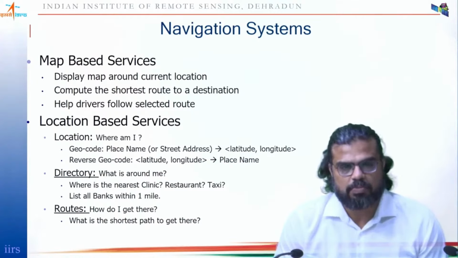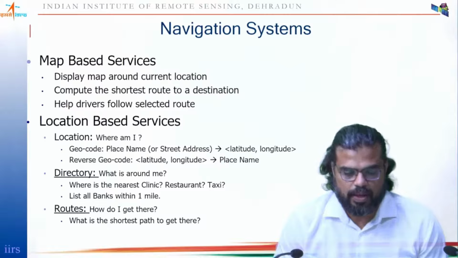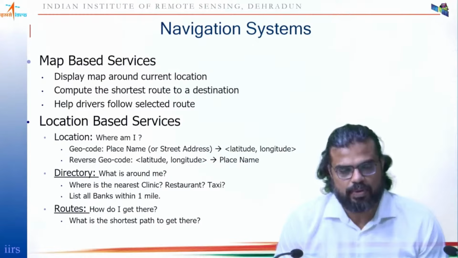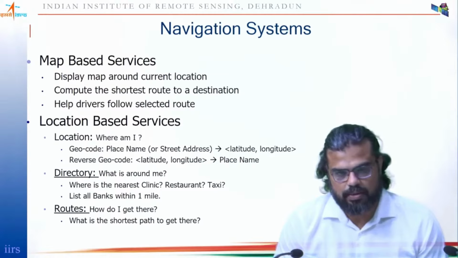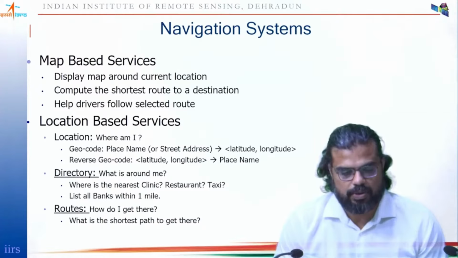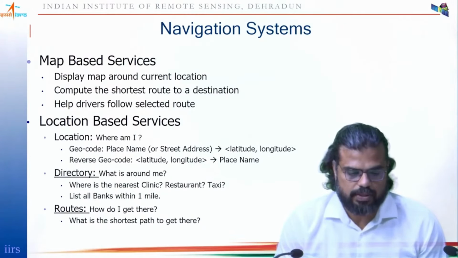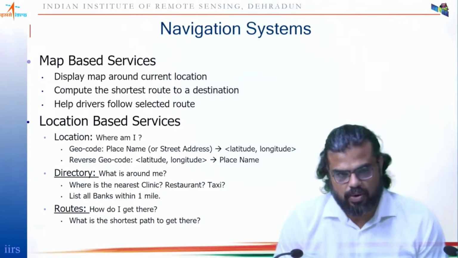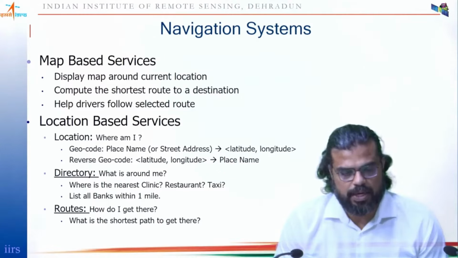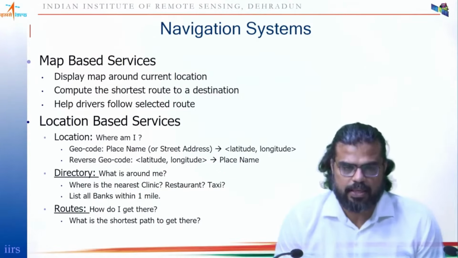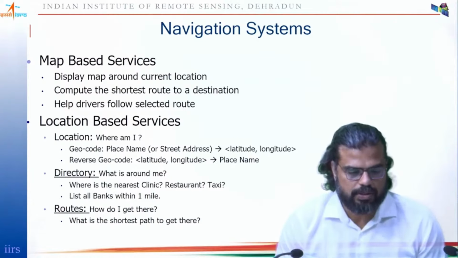That may be the longest path, but your cost of running the vehicle will be lower. The same thing can also be done for petrol and other vehicles, which can use similar kinds of services. In all these services you get a path, the path is displayed in the form of maps, and then you take a decision on the basis of that.